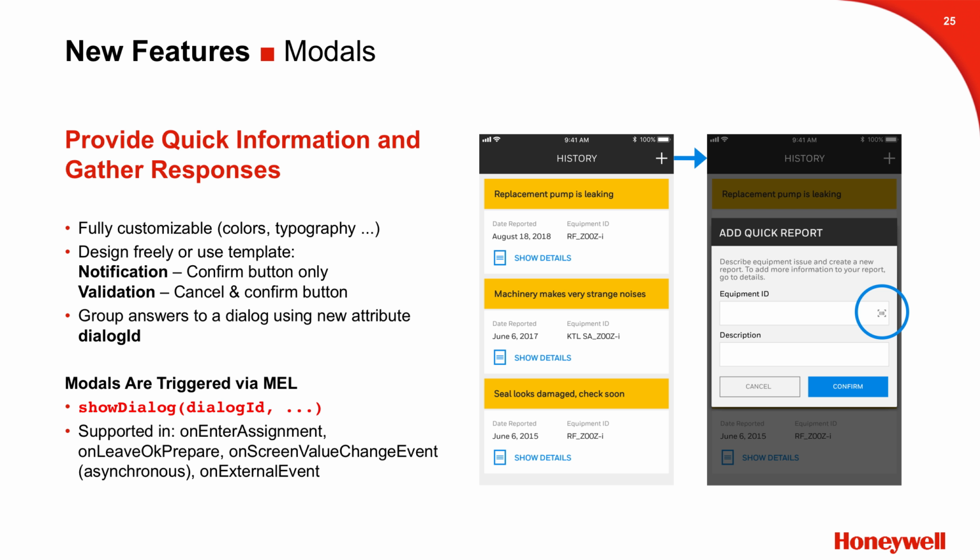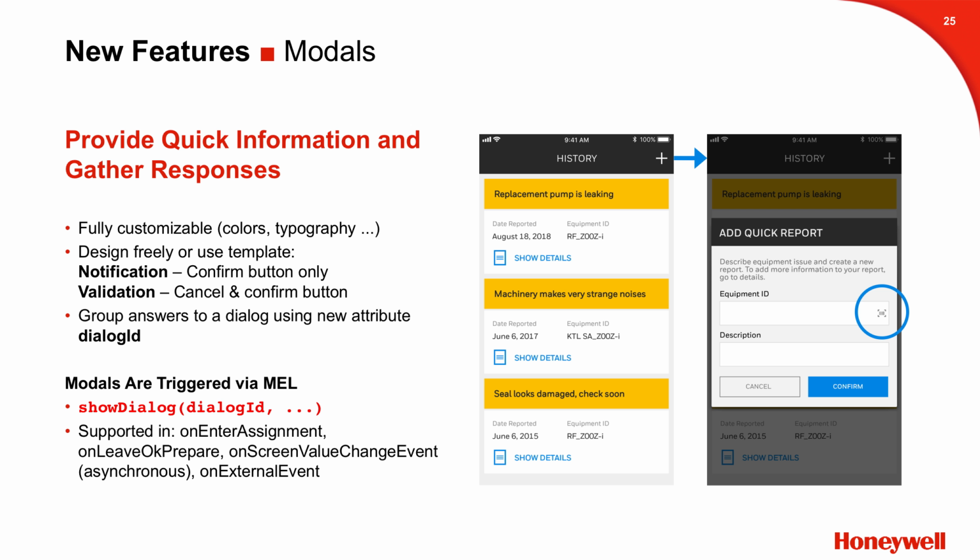For example, we have the notification modal that only has a confirm button, if you want to notify the user that they have to take care of a certain thing. And then we have the validation modal that will present the user with both a cancel and a confirm button. Cancel just will do nothing, and with the confirm button, you could trigger a certain logic. And then again, for that logic, pull the data that was entered into the modal.